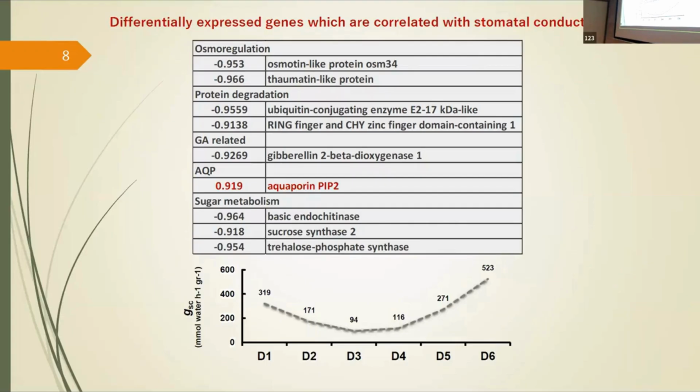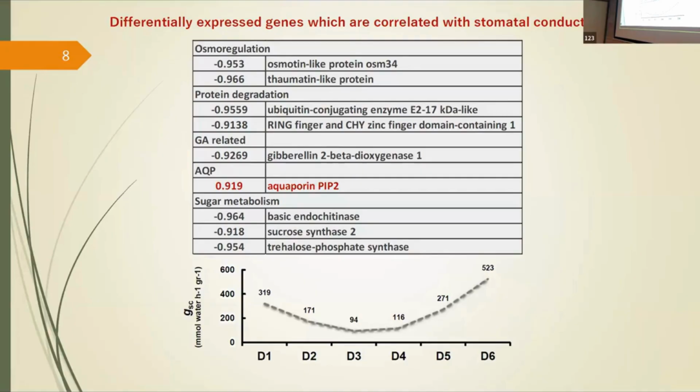Some of them are connected to osmotin-like protein, to a metin-like protein, which was a highly responsive gene, ubiquitin, and some transcription factors, gibberellin beta-deoxygenase, and aquaporin.